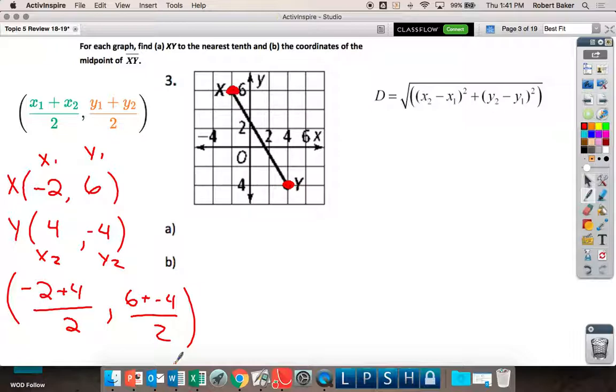So negative 2 plus 4 is 2 over 2. 6 plus negative 4 is 2 over 2. What is 2 divided by 2? 1. So my answer for the midpoint is 1, 1.